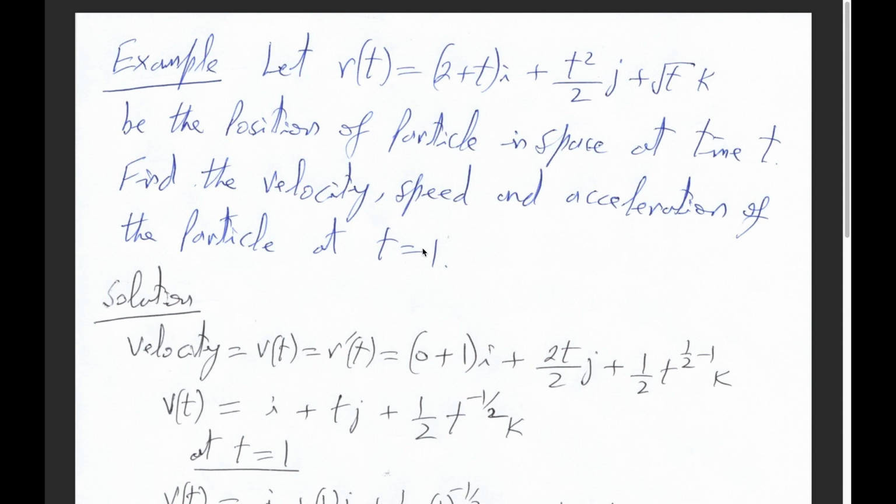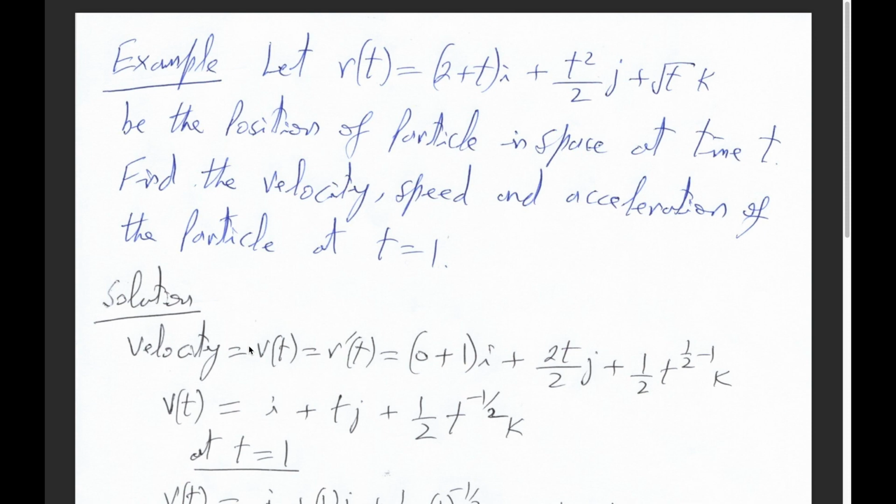If you compare this example with the previous example, in the previous example I did not ask to find the velocity, speed, and acceleration at a particular time. Now here I'm asking at t equal to 1, so here I specified the value of t. This is the only difference. Otherwise, the question is the same.